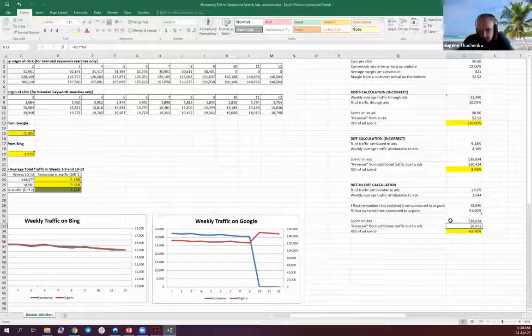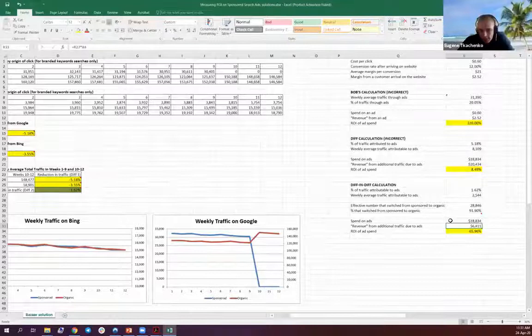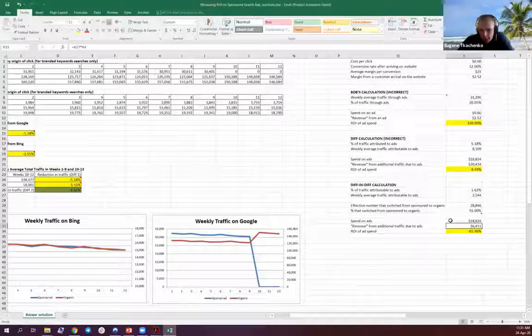I see some questions, one second. We are also assuming advertising-responding traffic has the same spending conversion numbers as organic traffic.